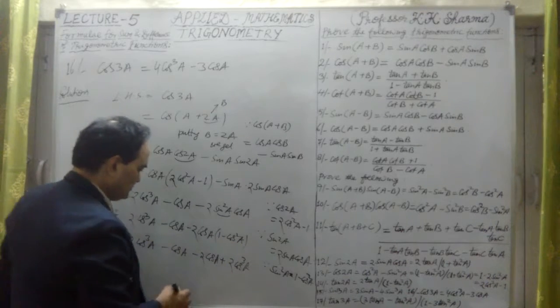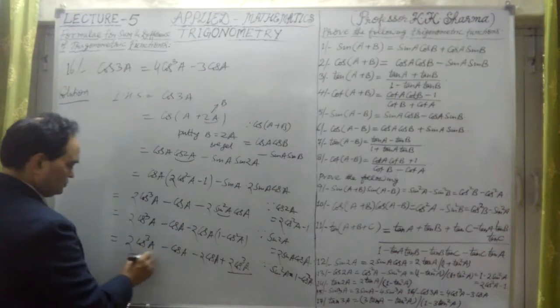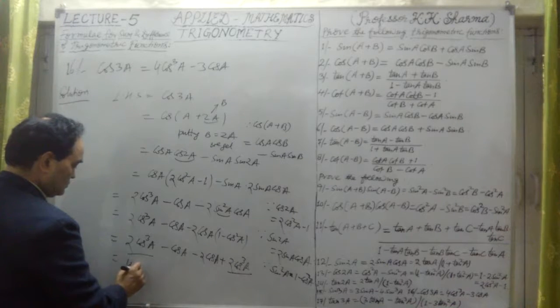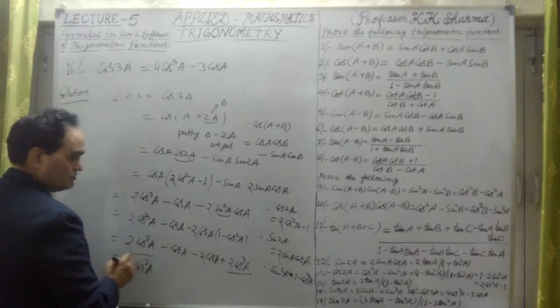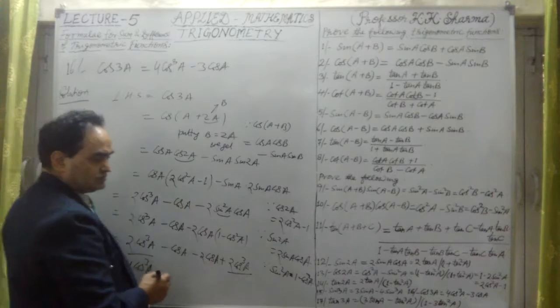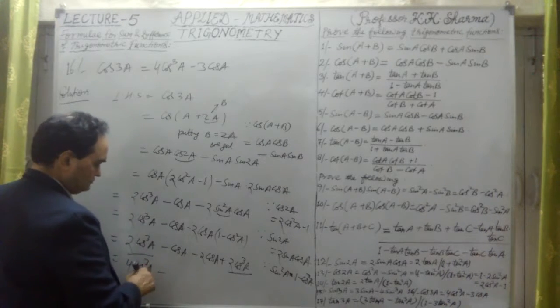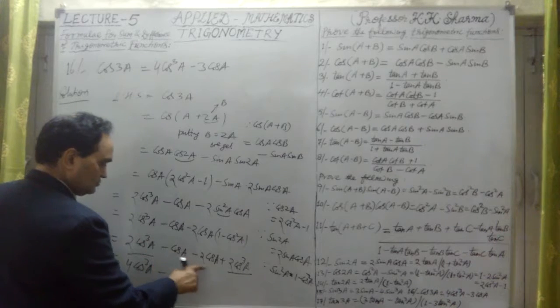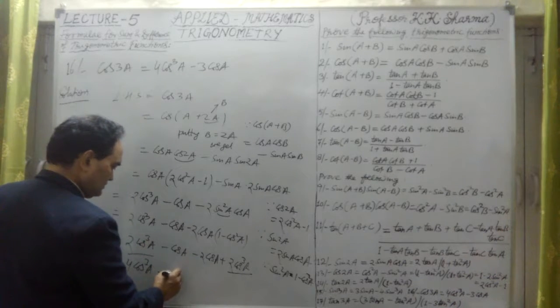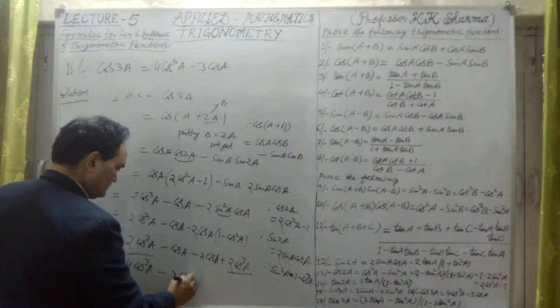This is 2 cos cube a. 2 cos cube a plus 2 cos cube a is 4 cos cube a, minus cos a minus 2 cos a, this is minus 3 cos a.